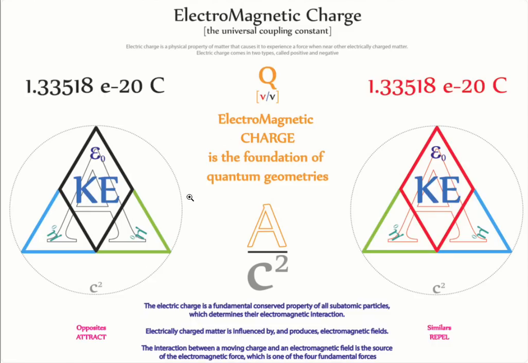Of course, in addition to neutralizing, coming together in neutral pairs, which is the natural state of energy, it always seeks to neutralize before it seeks to build larger charged geometries.